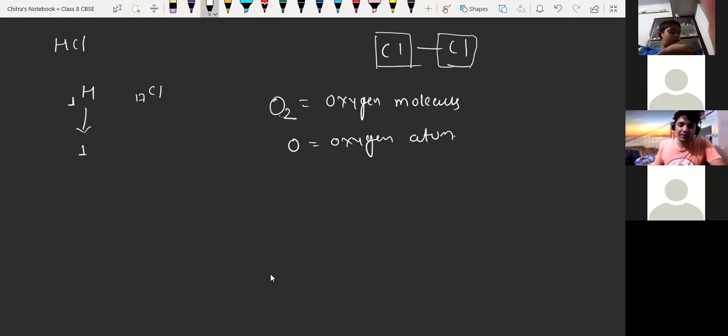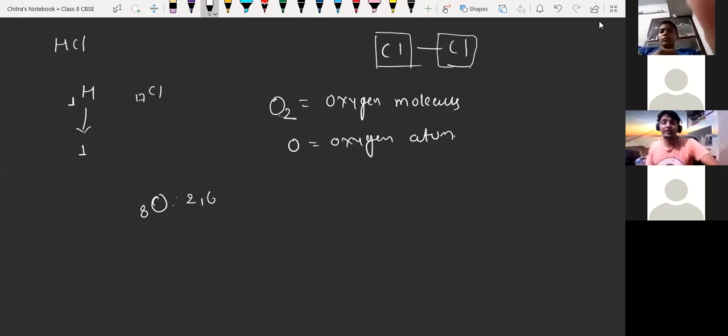The oxygen atom has only 6 electrons in its outermost shell. So what will be the electronic configuration? 2 and 6. In the first shell we have 2 electrons.